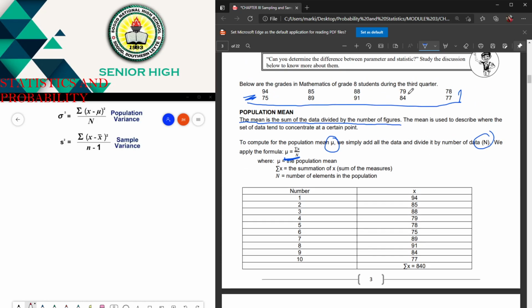Check the numbers from the original given to your table, because you might make a mistake. For example, you wrote 88 but the given is 78. So be careful with your given.